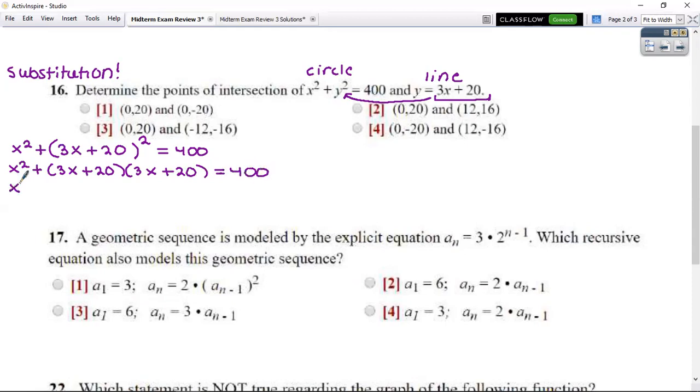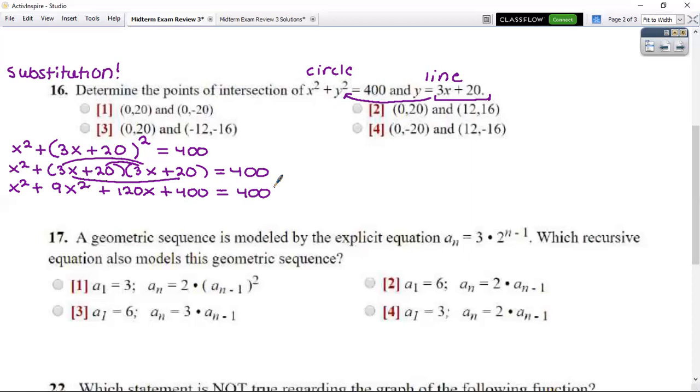And now you're going to start multiplying. So I have x squared plus, all right, 3x times 3x is 9x squared. 3x times 20 is 60x. And then 20 times 3x is another 60x. So I would have 120x. 20 times 20 is 400. So just like we did initially, you want this equal to 0.